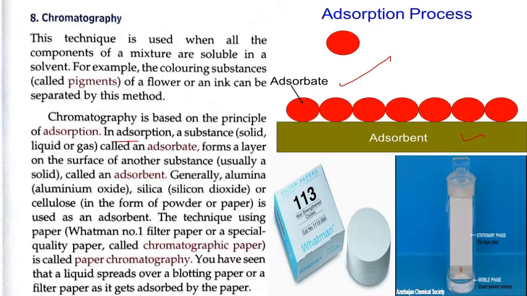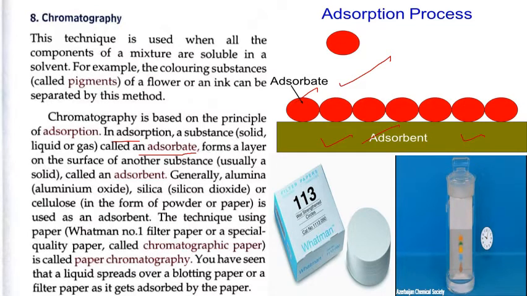In adsorption, a substance called an adsorbate, means this one, forms a layer on the surface of another substance, usually a solid, called an adsorbent. This one. Generally, aluminium oxide, silica, silicon dioxide or cellulose in the form of powder or paper is used as an adsorbent. So these are the examples of adsorbent which are shown over here.